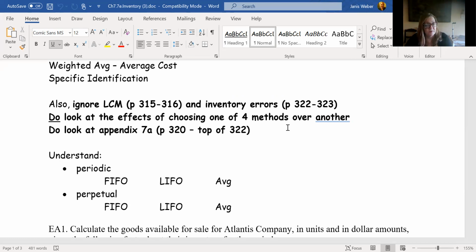And so that's the periodic way. Perpetual, instead of looking at it at the end of the period, would create an entry every time there was a sales transaction that would allocate the cost at that time.